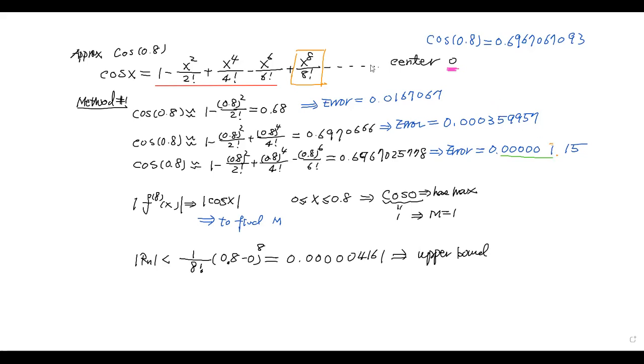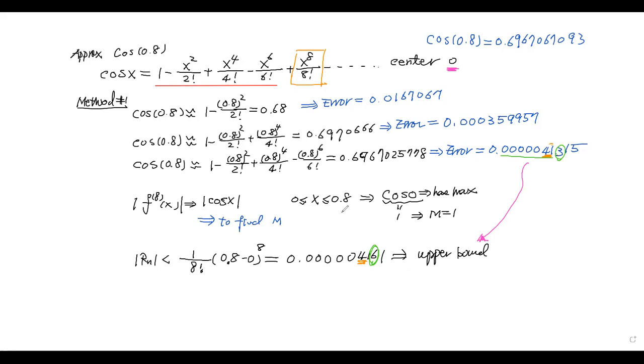Sorry, I erased that. So it is accurate to 4 ones here, then this digit is 6 and this is 3. So yes, the true error is less than the upper bound. This is the highest error we can get by using this approximation centered at zero.